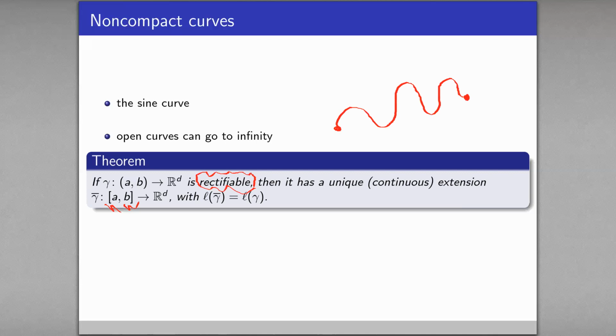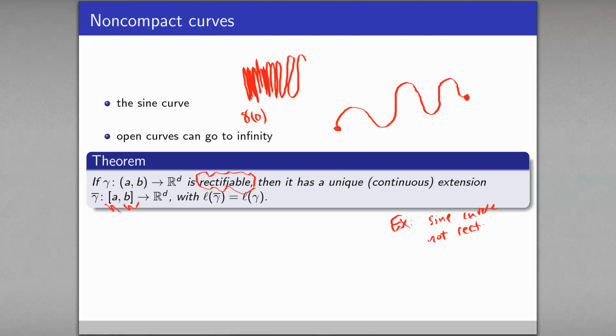Because if it was rectifiable, you would have to be able to assign some value to gamma of 0 in a continuous way, and you can't. So the length of the sine curve is infinity. An exercise would be to prove that the sine curve is not rectifiable just using the definition of length, which shouldn't be difficult. Find the right partitions.